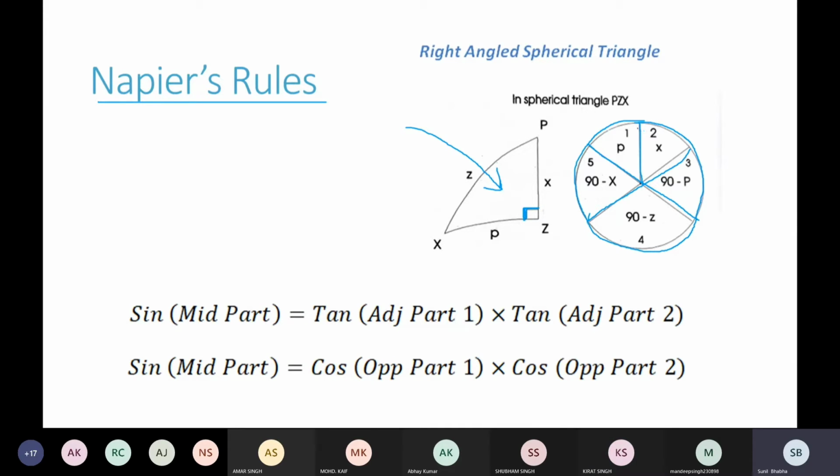Now what we do is, whatever is the 90-degree part of the triangle, that is written on top here. In this case, angle Z is the 90-degree part, so I write this angle Z on top.